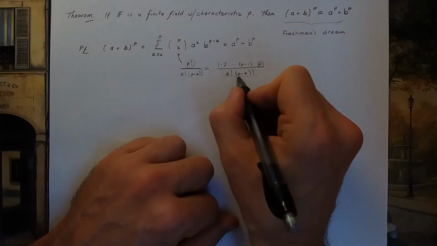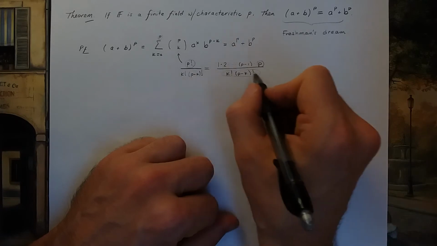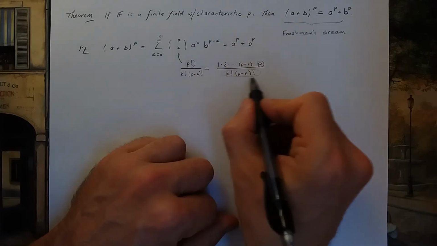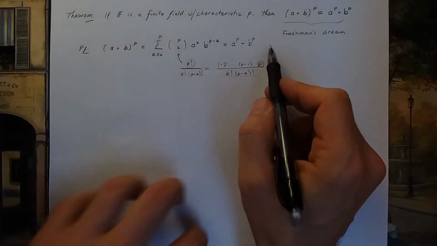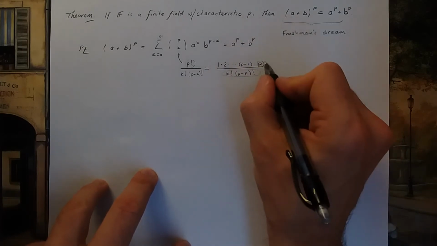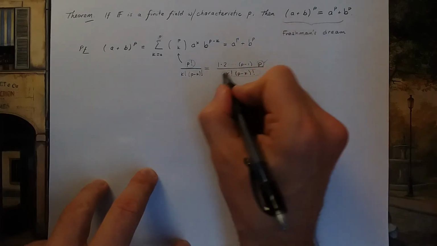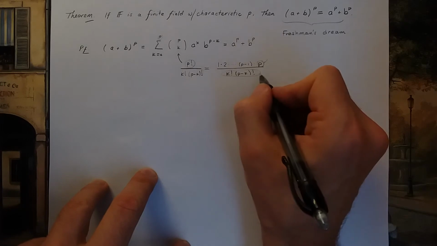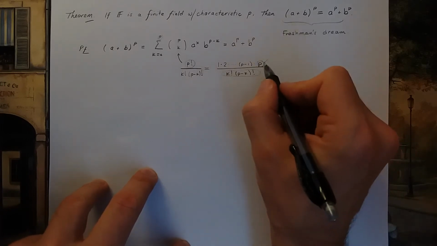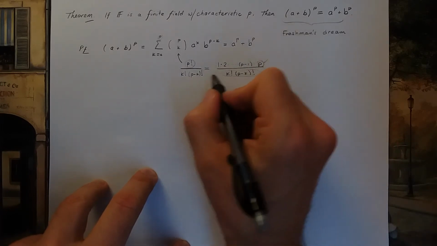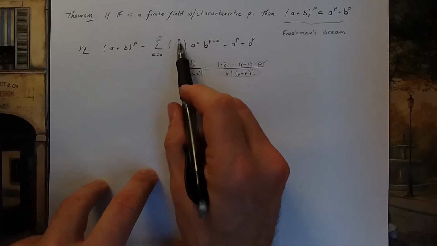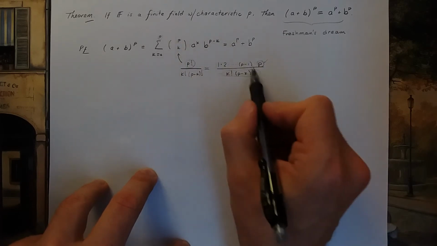So I write all the factorials out, and all the primes in the prime factorization of the bottom are less than p. Since p is prime, the p on top can never cancel with any of the p's on the bottom. Therefore, this binomial coefficient is divisible by p. p is a multiple of this number.